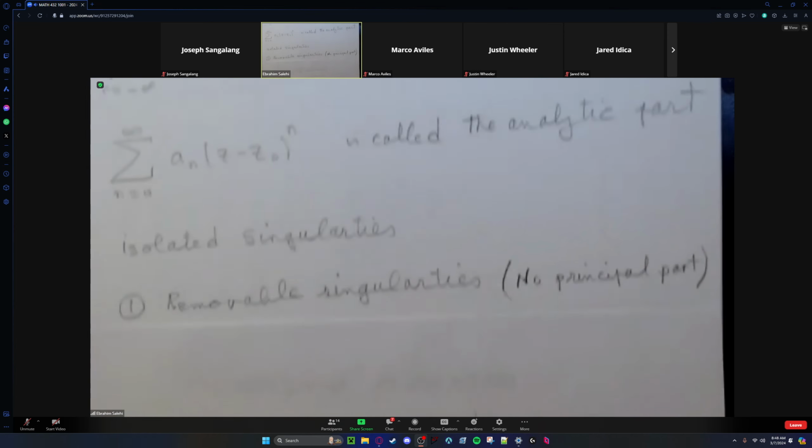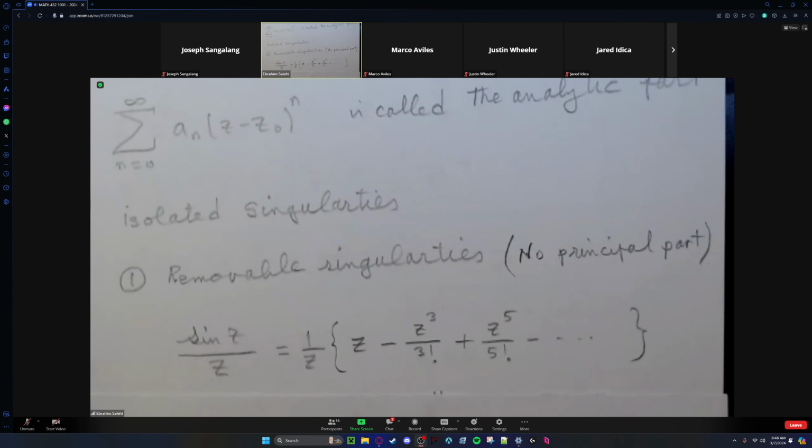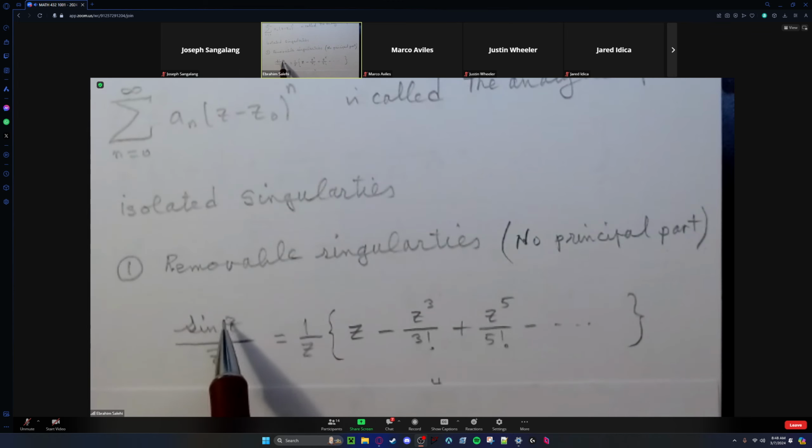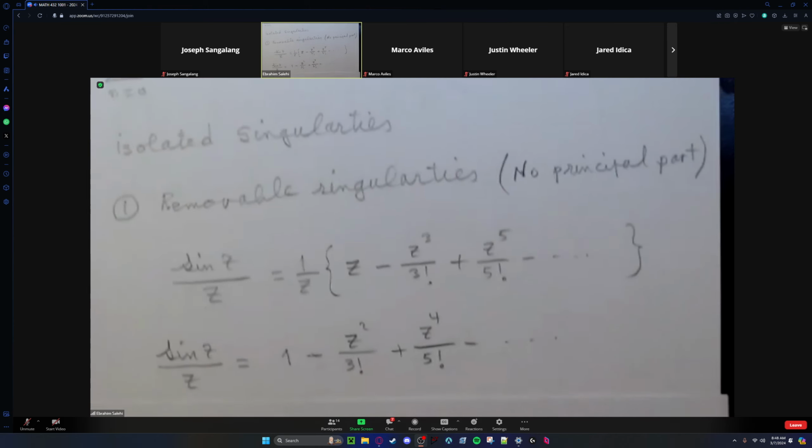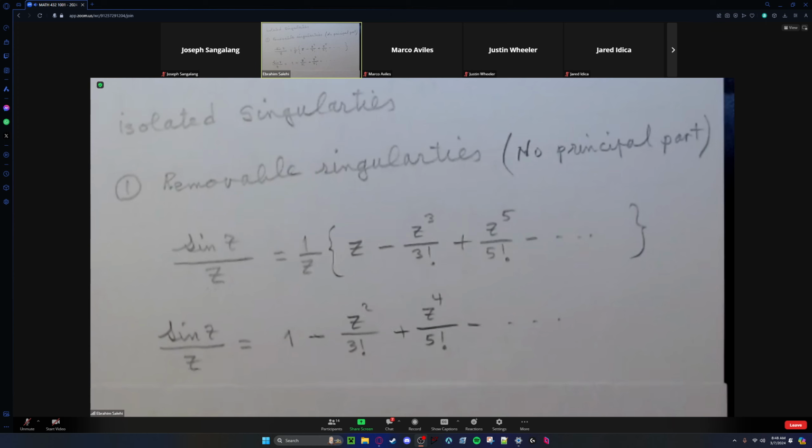Oh, as an example, here we go. Sine z over z. This is the expansion of sine z, and you multiply by 1 over z, you get this one. See? We don't have any z in the denominator. So z equals 0 is a removable singularity for this function, although it looks really bad.